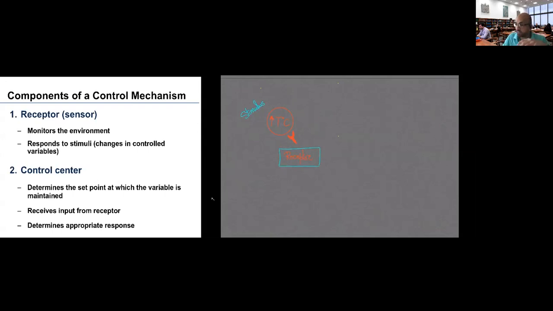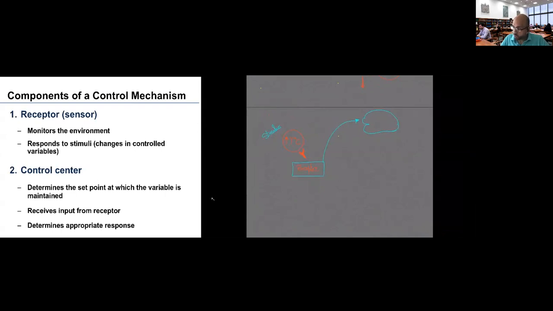And once they detect that there is an increase in the blood pressure, they will get activated. And they will do what? They will send out signals to the control center according to the kind of stimulus. So let's say the increase in the body temperature detected by a receptor, it sends out signals to my nervous system. This is the control center that I will be sending the signal to.